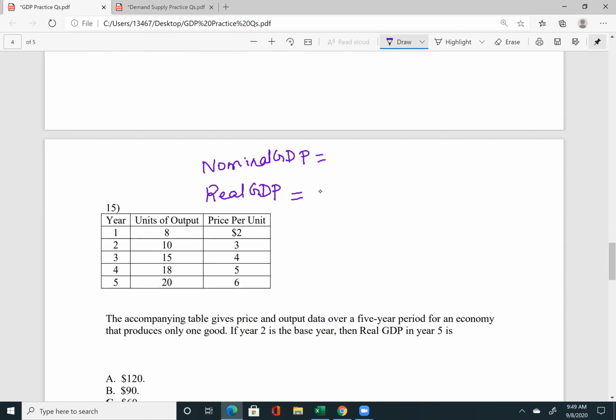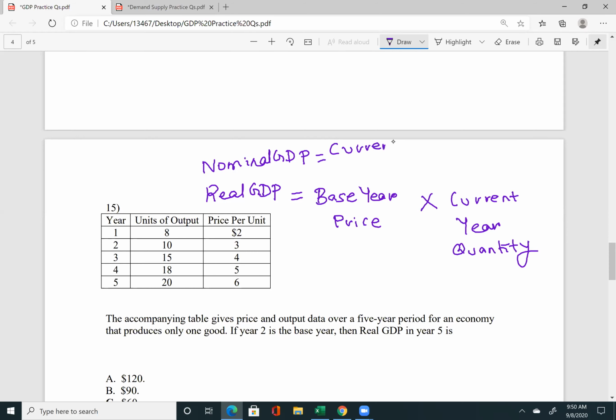The real gross domestic product you calculate by multiplying the base year price with the current year quantity, and the nominal GDP, you take the current year price and multiply that by the current year quantity.